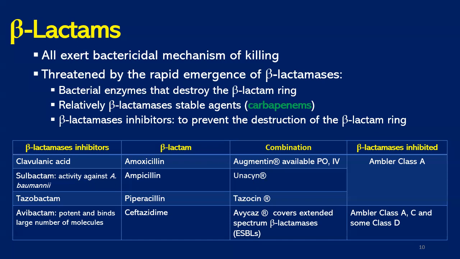That's what we call the extended spectrum beta-lactamases, or the ESBLs. So the ESBLs are Enterobacteriaceae that carry genes that promote the release of extended spectrum beta-lactamases, which are capable of cleaving the lactone ring in all the beta-lactams.